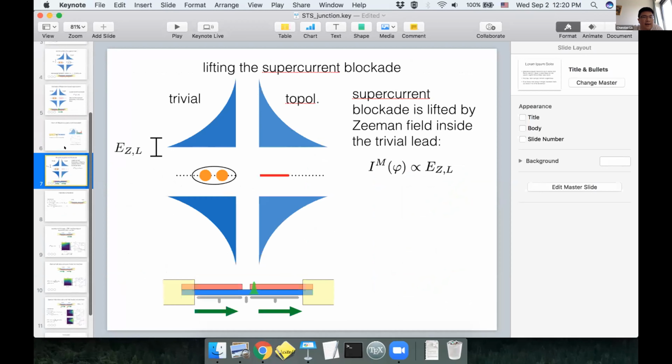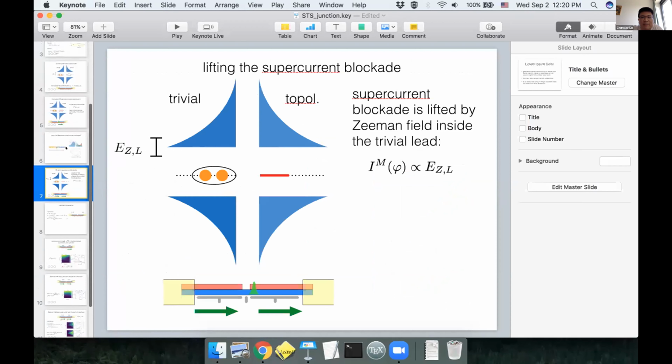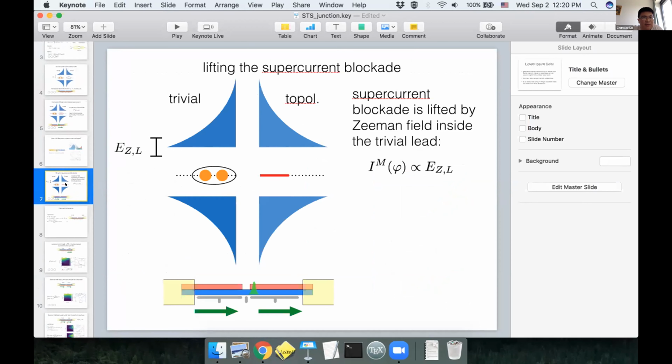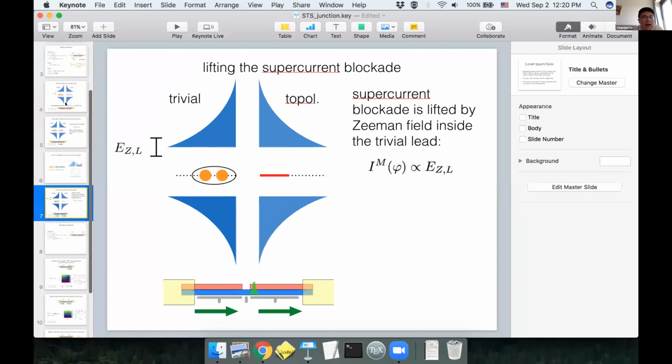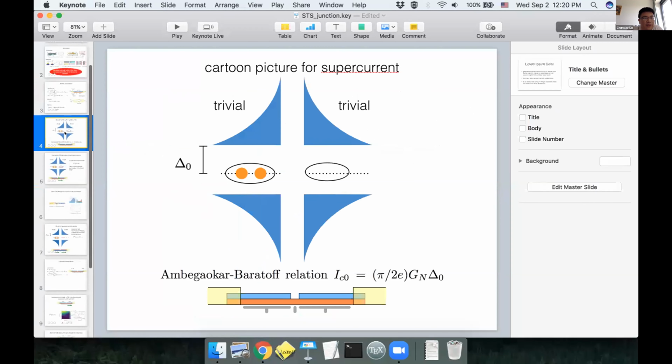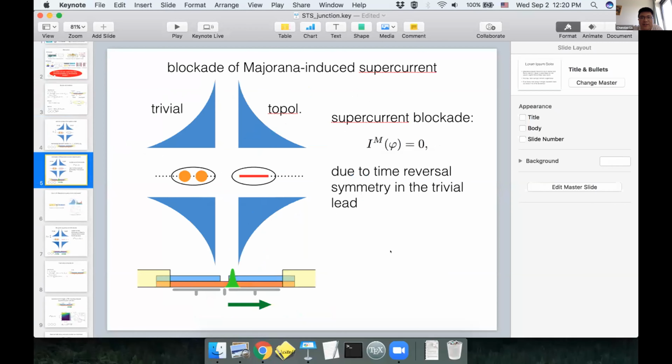Yeah. I think actually in the appendix of the arXiv paper, I had a more rigorous proof. Although I say it's a spin up and spin down, in reality it's more like a Kramers pair.